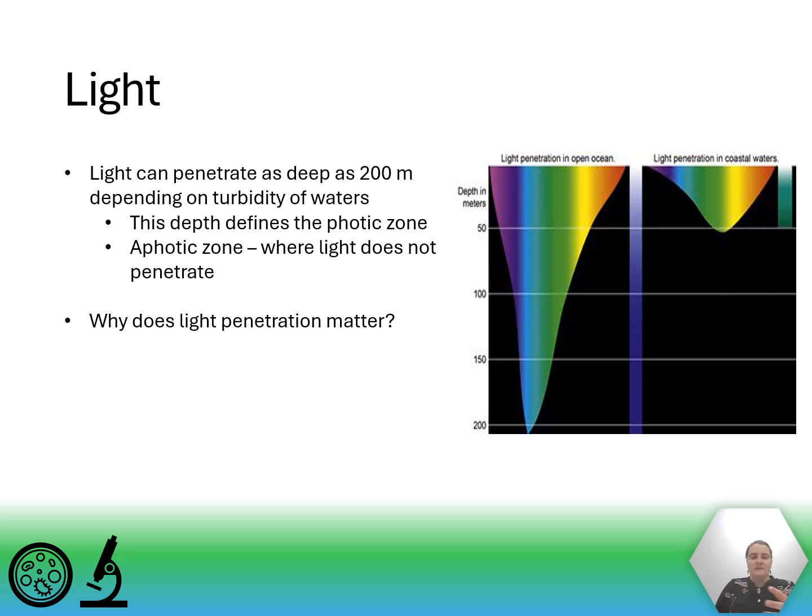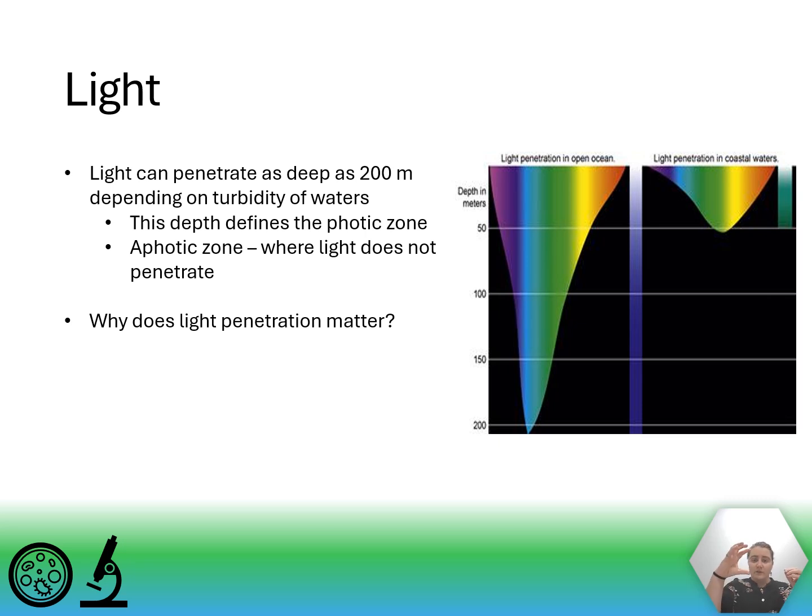So we can go as deep as 200, but that's going to depend on the turbidity. And the depth that the light penetrates defines what's called a photic zone. So photo meaning light. So the photic zone is really important because, if you think about it, it is where you're going to find your photoautotrophs and your photoheterotrophs. So that's really critical because we're not going to have photoautotrophs and photoheterotrophs deep in water, right?